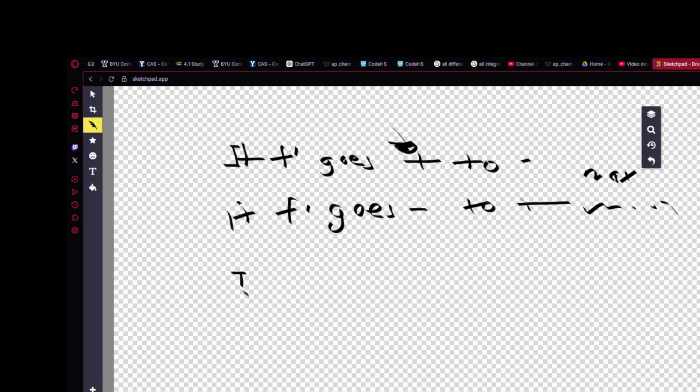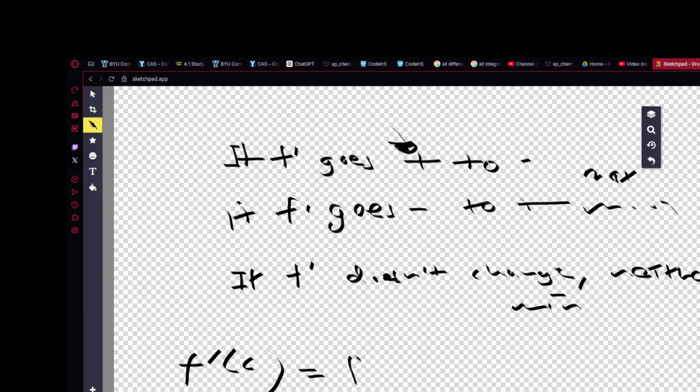If f prime does not change, it's neither a max nor a minimum. Also, if f prime of c is defined, then f of c has to be defined as well through derivative principles, which we know here.